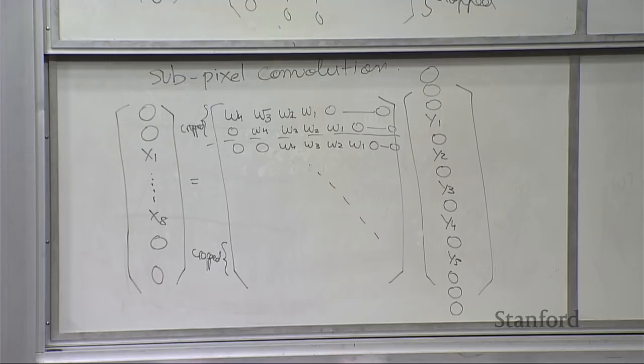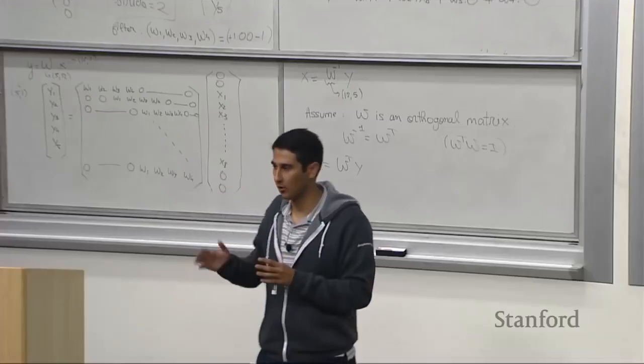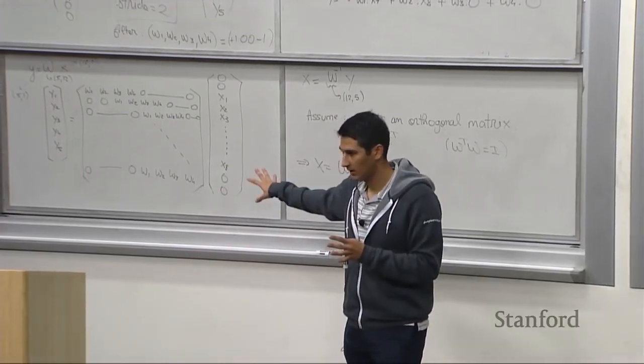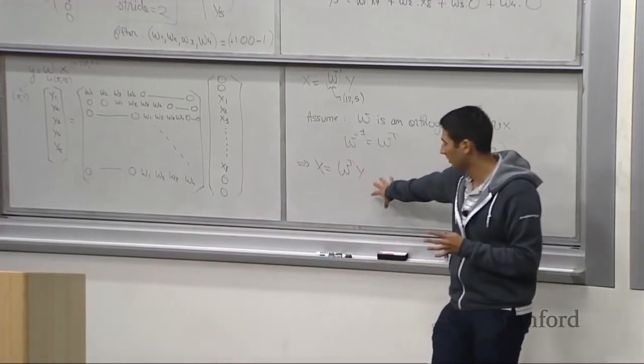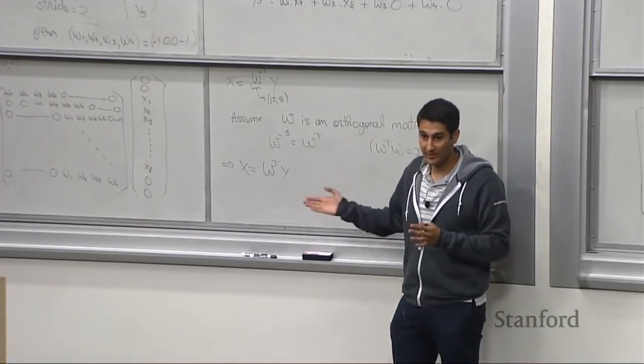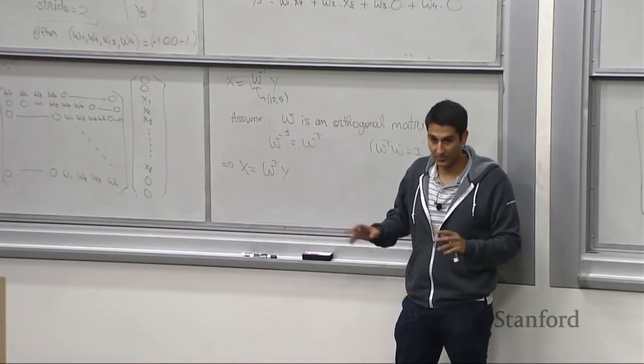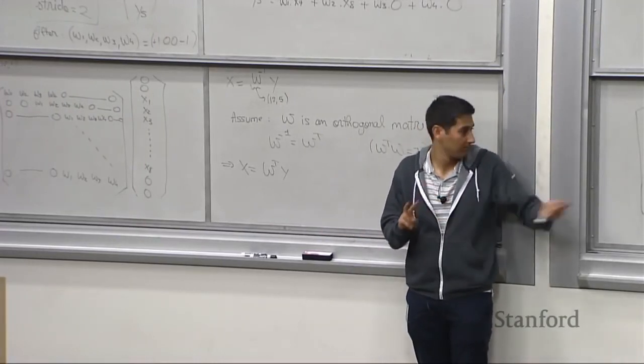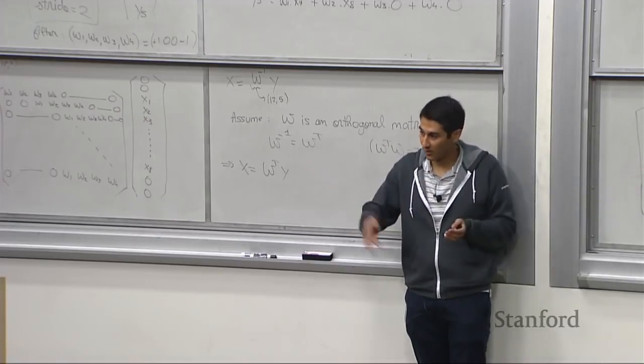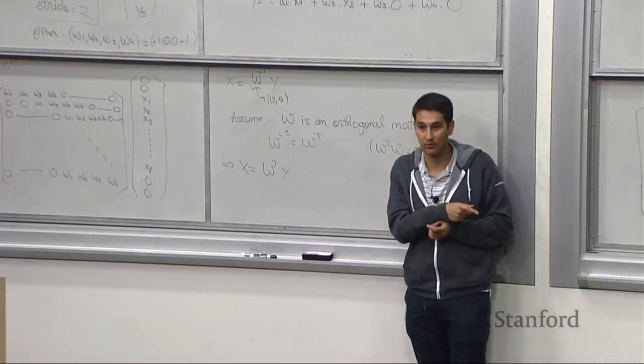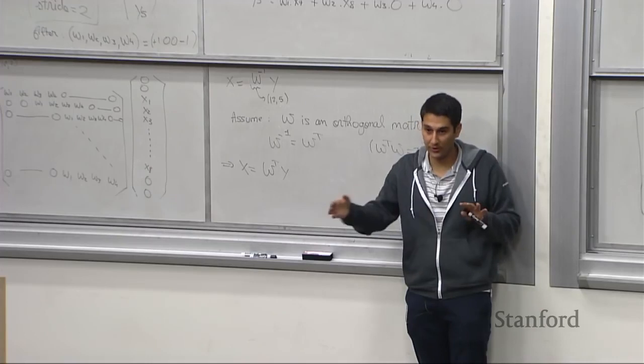You know now how convolution can be framed as a mathematical operation between a matrix and a vector. And you know also that under these assumptions, the way we will deconvolve is just by flipping our weights, dividing the stride by 2, and inserting zeros. If we just do that, we're deconvolving.